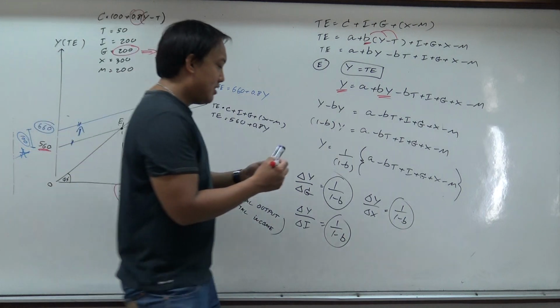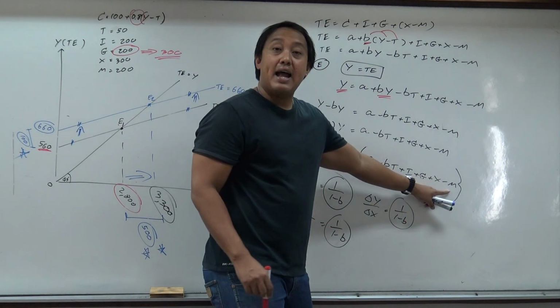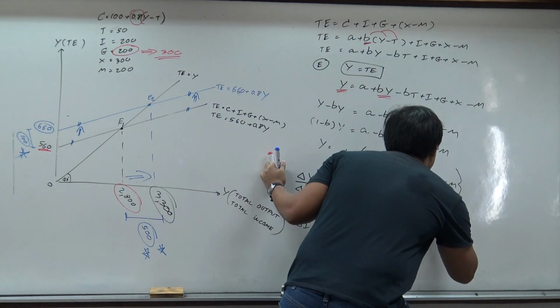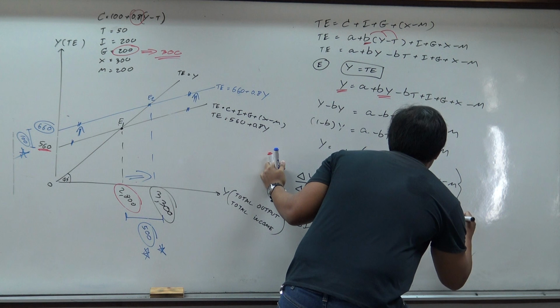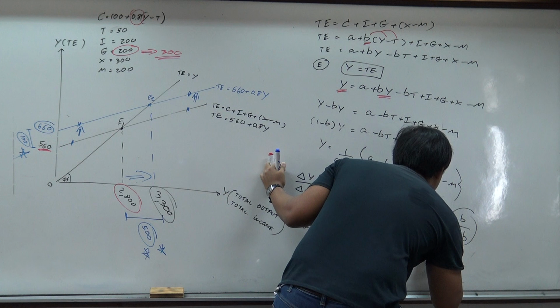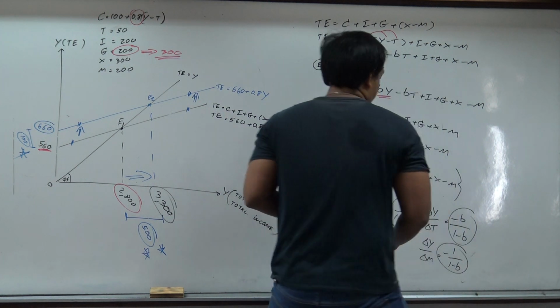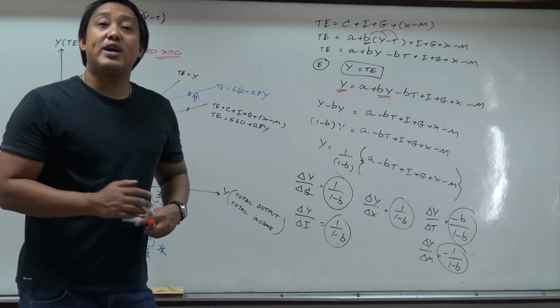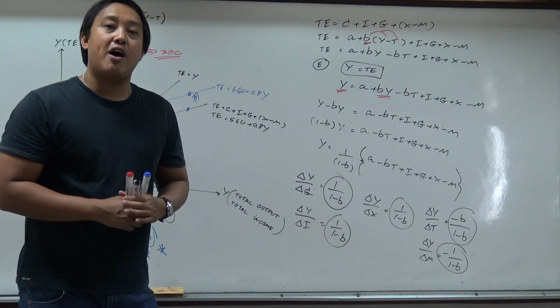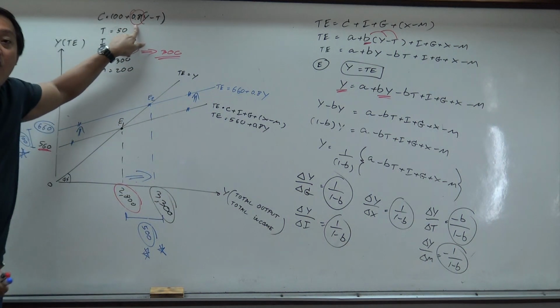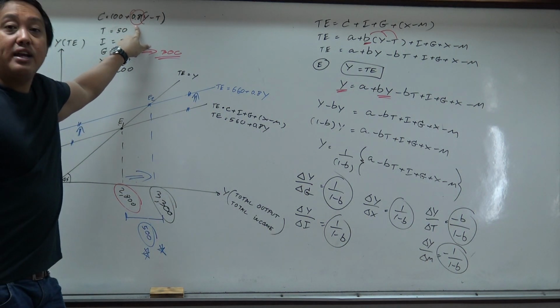However, the multiplier effect of tax and import is different because of the minus sign. The multiplier effect of tax equals minus B over 1 minus B. The multiplier effect of import is minus 1 over 1 minus B. So as you can see, the multiplier effect of everything depends on B, and B comes from the consumption equation.